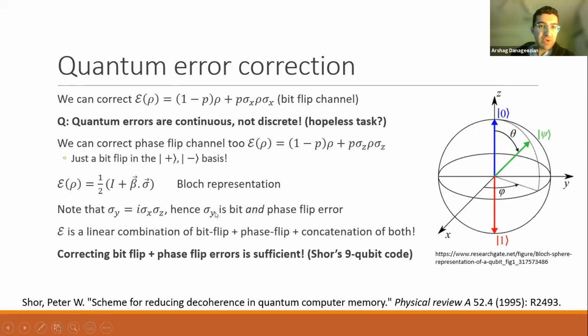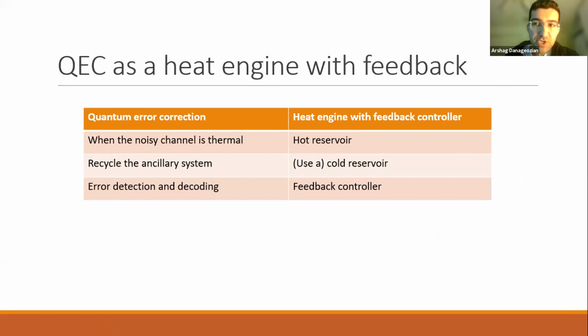All right, so this is what I wanted to tell you about quantum error correction, which is going to be very relevant. Now, let me tell you about the link between quantum error correction and heat engines with a feedback controller. So here I can show you a basic table. On the left-hand side, we can just start by looking at what quantum error correction does. So you would like to, for example, correct for channels that are typically thermal, right?